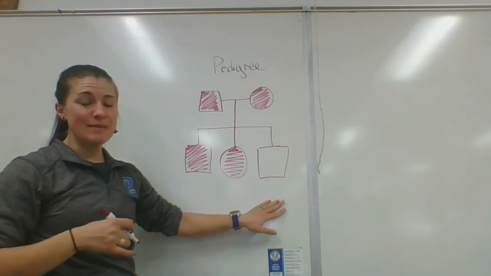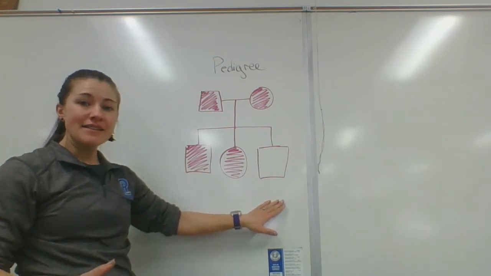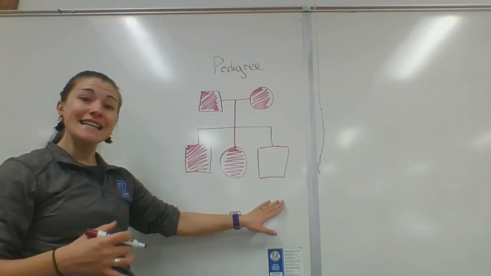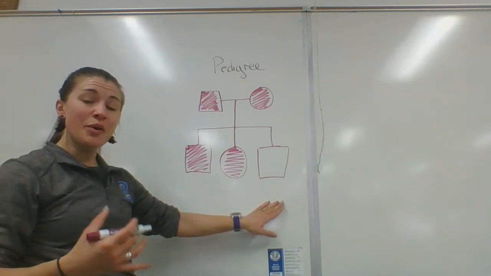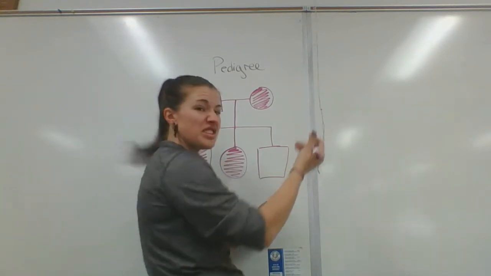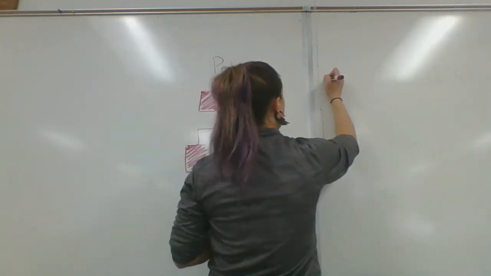Now we need to map the traits. As I said before, a widow's peak is a dominant trait. If you remember from middle school when making Punnett squares, we'll just use a W for our trait.